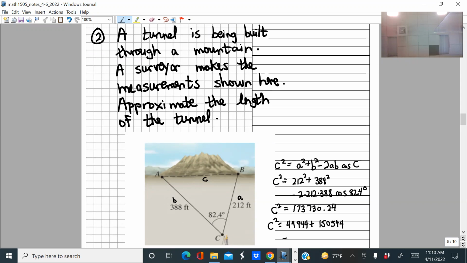And now let's see what this is. So 2 times 212 times 388 is 164,512. But I haven't put in there yet the cosine of 82.4 degrees.